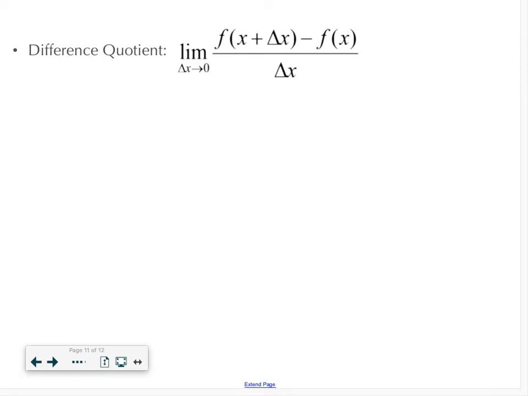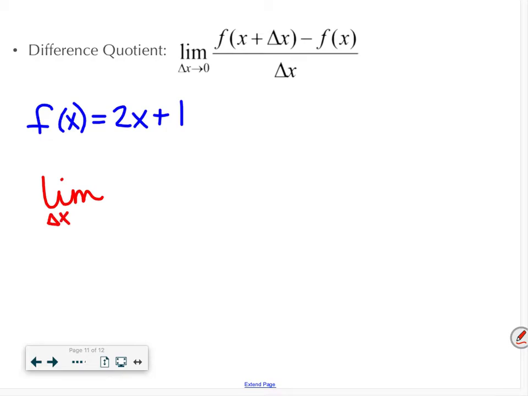All right. So if I give you a function, let's say our function is 2x plus 1, and I ask you to take the limit of the difference quotient. How many of you it truly bothers you the delta x?